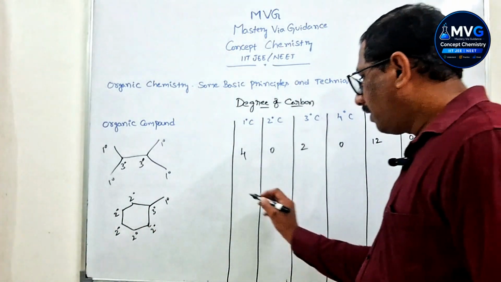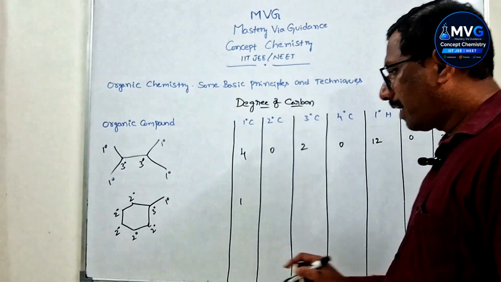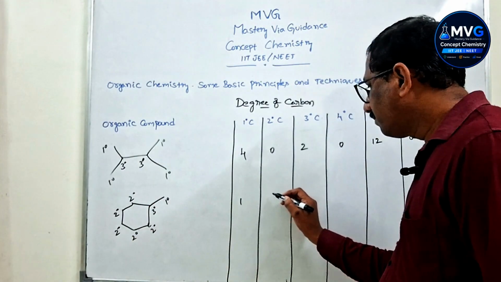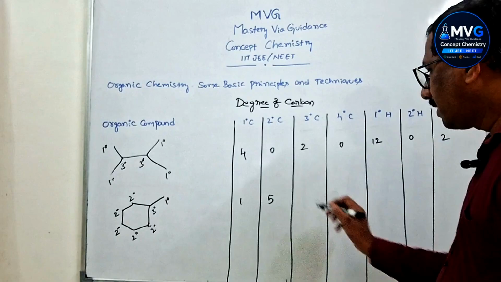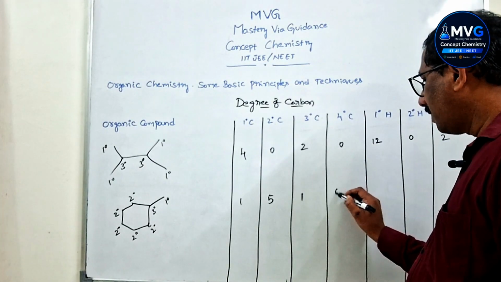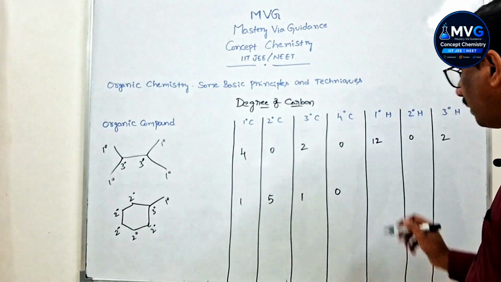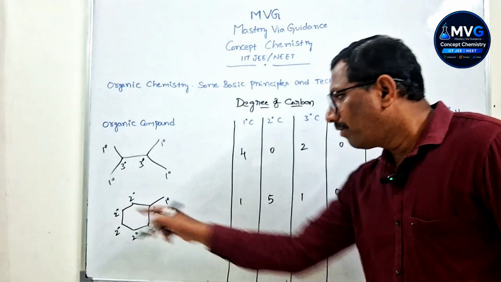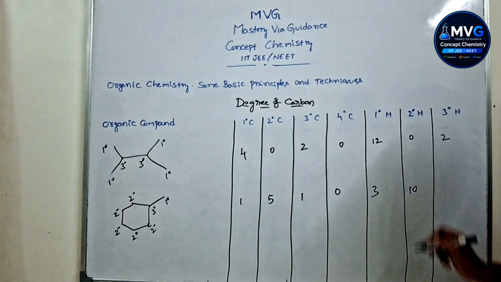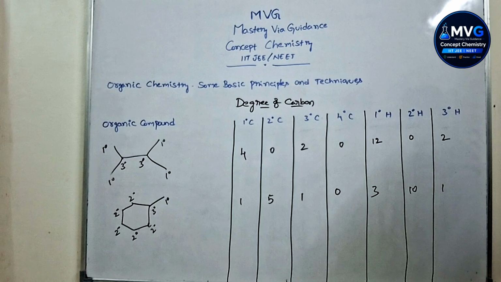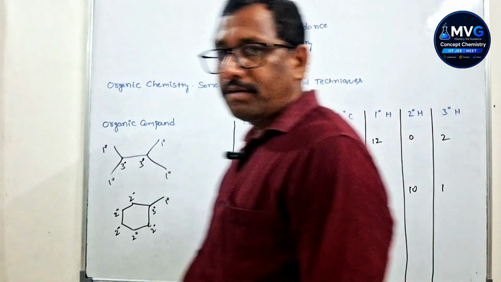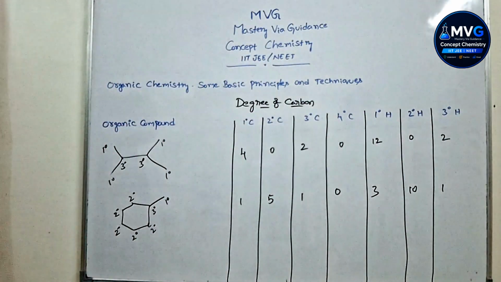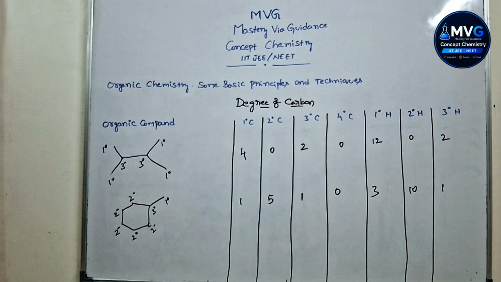Now primary carbons 1, secondary carbons 5, tertiary carbon 1, quaternary carbon 0. Primary hydrogens 3, secondary hydrogens 5 into 2, 10, tertiary hydrogen 1. Note down, students.